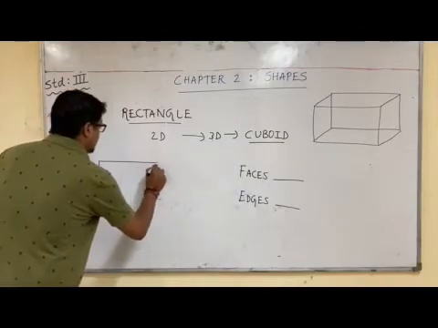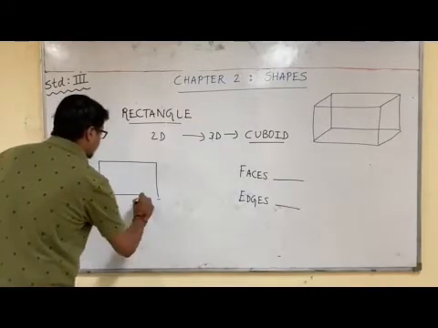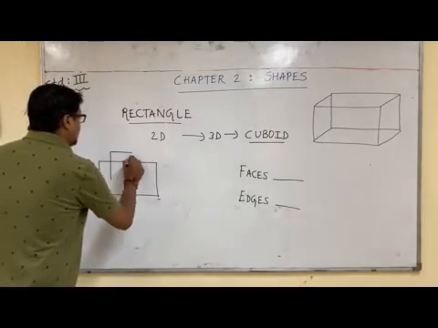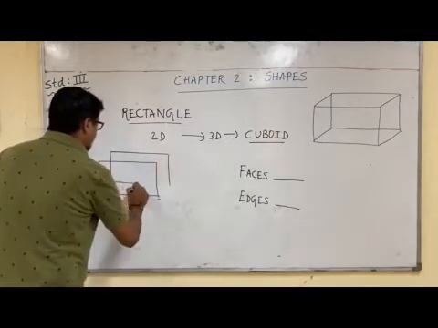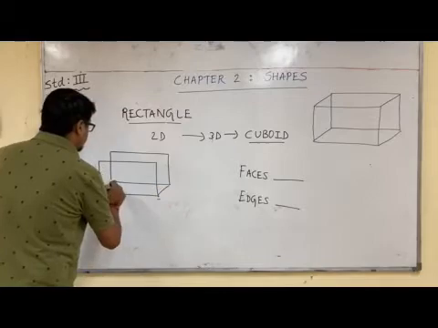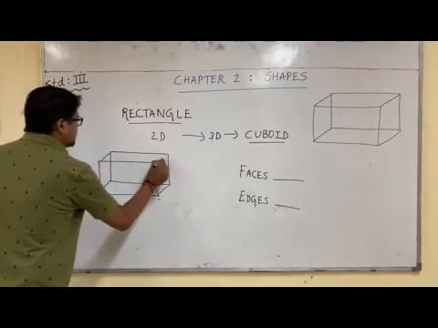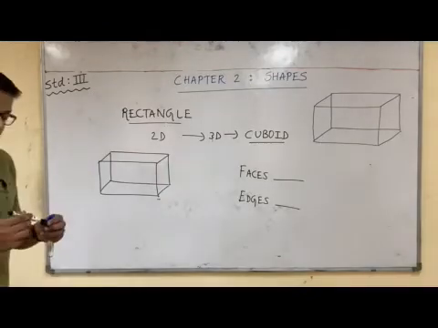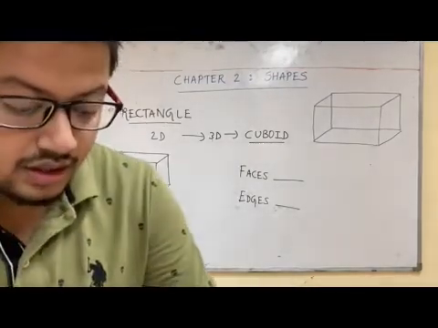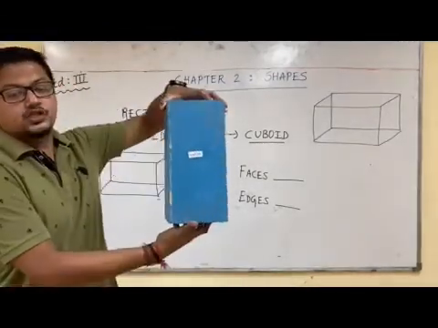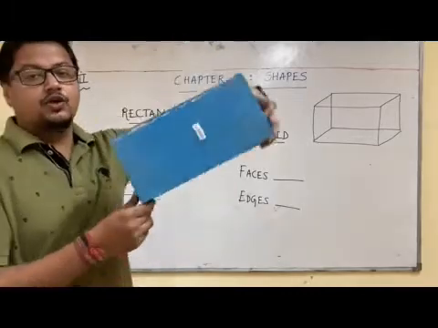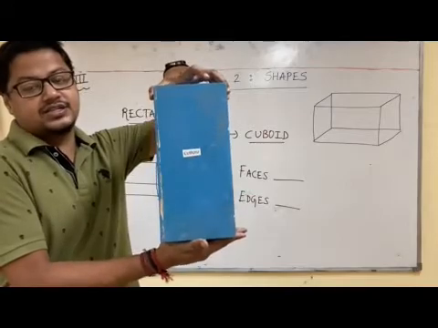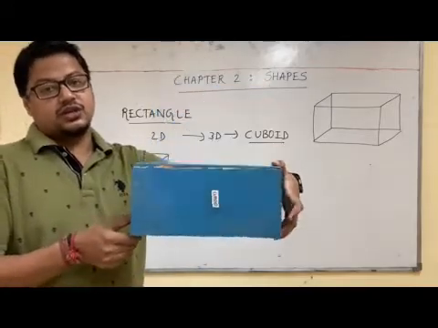First we will draw a rectangle. Correct? Then we will draw one more rectangle. And finally we will join edge to edge so that this will become a cuboid. Correct? Okay. Now cuboid can be shown as this. Cuboid can be shown as this also. Both are meaning the same.